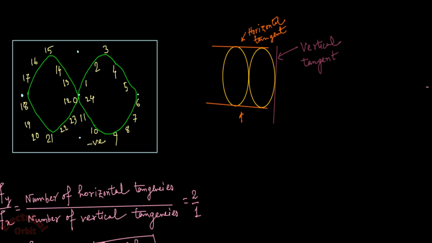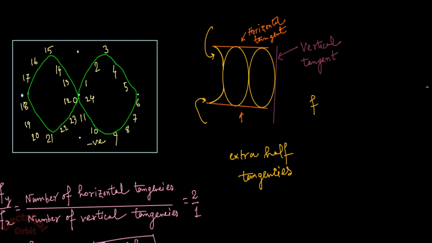Now let us make it a bit more complicated. If there are half tangencies, that means if your pattern looks like this, there are extra half tangencies. This is the half tangency and this is the half tangency.